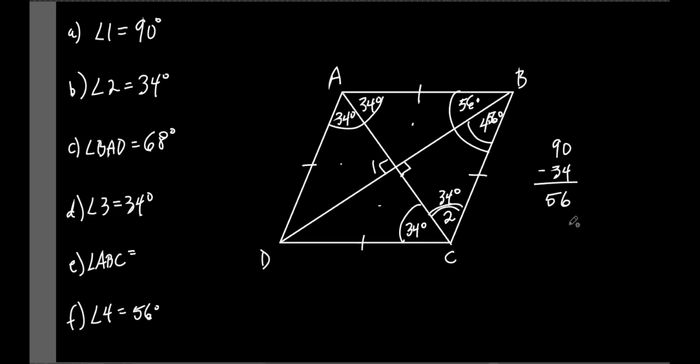Just give me numbers. Don't give me letters. How many degrees is that whole big angle ABC? 112. How'd you get that? You add them up. That's right. 56 plus 56, and that's 112. So that's 112, and it's in degrees. Make sense? Okay.